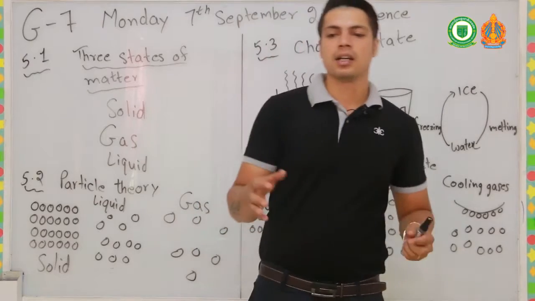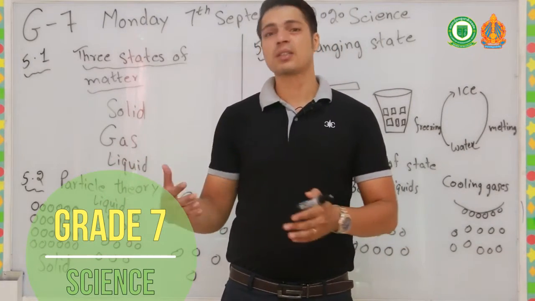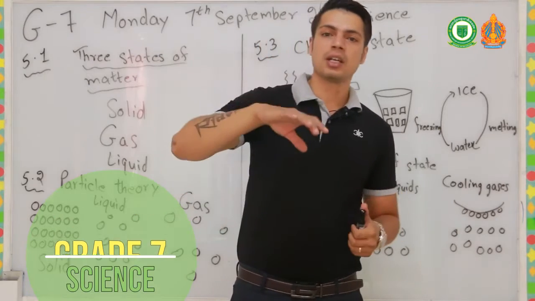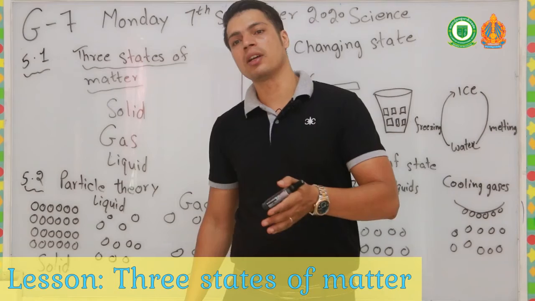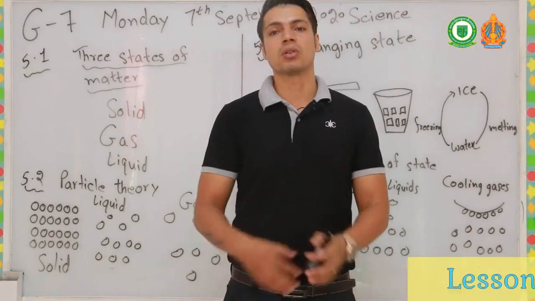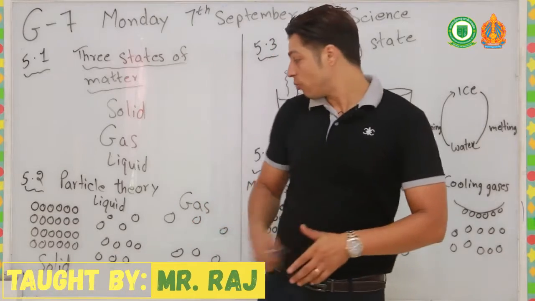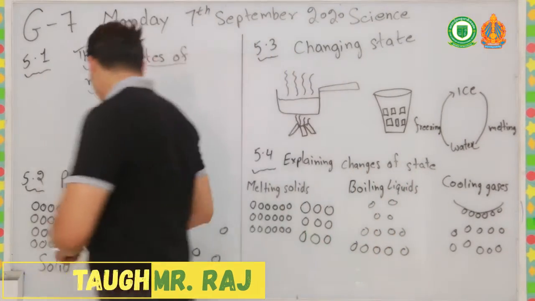That's why, if we put liquid in a bottle, it will take the shape of the bottle. If we put liquid in a pen, it will take the shape of the pen. That's because particles can slide past each other.